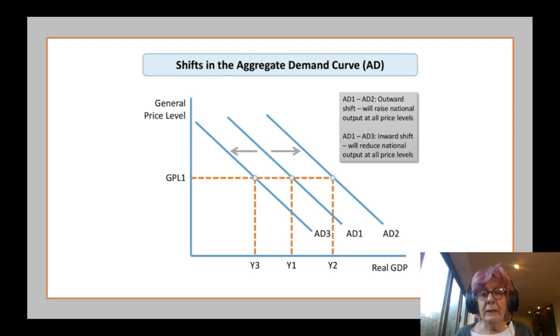On the other hand, when we get a shock to the system like COVID-19, and we've seen how consumer spending and investment spending and net exports are all likely to fall, that is likely to cause a shift in aggregate demand to the left. Less is demanded at every price.